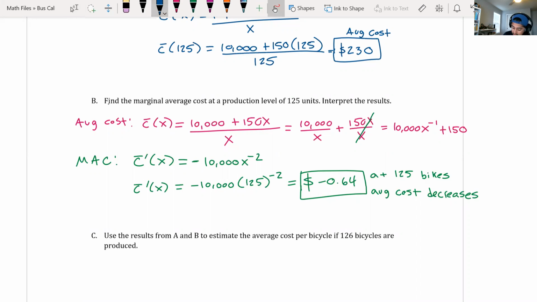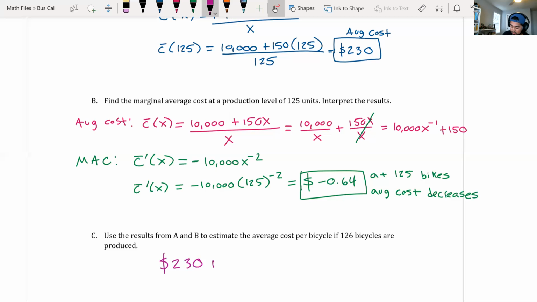It cost us $230 to produce 125 bikes. And then answer B says if we keep producing after 125 units, the cost is going to decrease by how much? 64 cents.